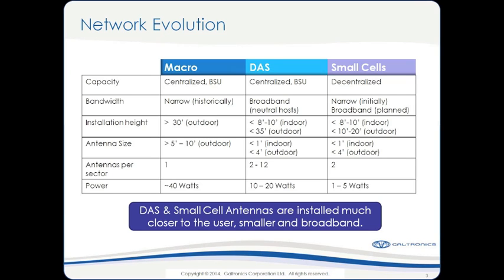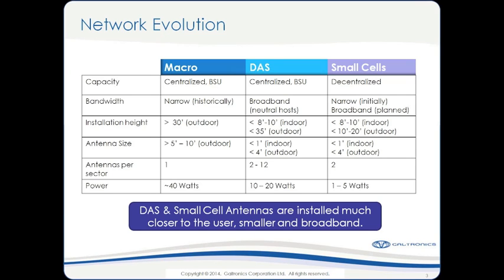If we next look at bandwidth, macro antennas historically have been very narrow band, meaning that for every carrier on a tower, they would have a dedicated antenna. Now, there have been evolutions in macro antenna designs that are now enabling 2, 3, 4, 5 different bands, but for the purposes of this presentation, we leave multi-band macro antennas out of the discussion.